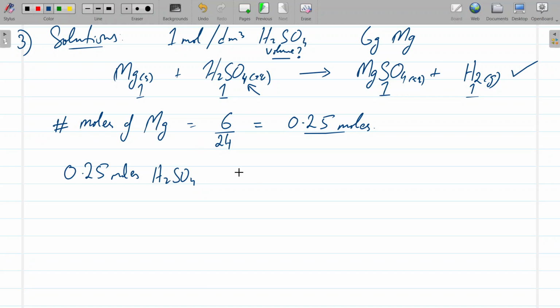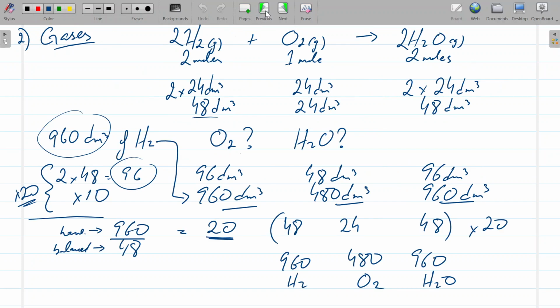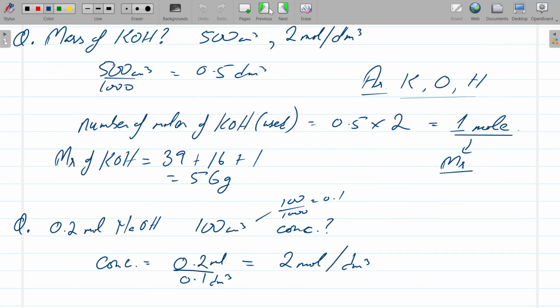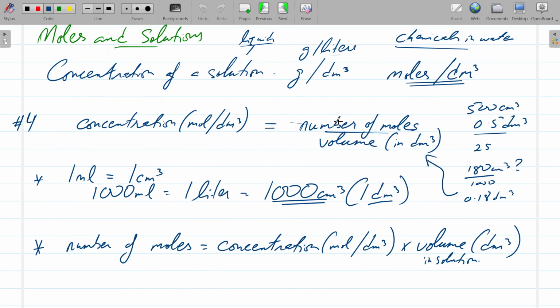Right, so volume of H2SO4 sulfuric acid equals moles of H2SO4 divided by the concentration. If you just go back to solutions, concentration is number of moles over volume, right?